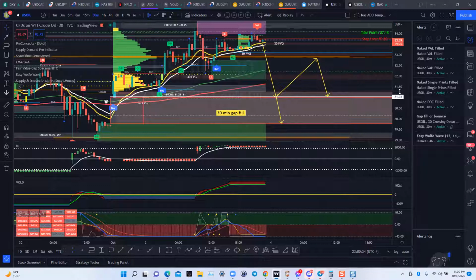You don't have to draw all the FVGs, which you and I both don't need. I just need to turn them on when I want to look at them. I don't need them on my chart all the time. I have them there if I need them, if I'm looking for a retracement or entry or exit or something. No, I'm with you.